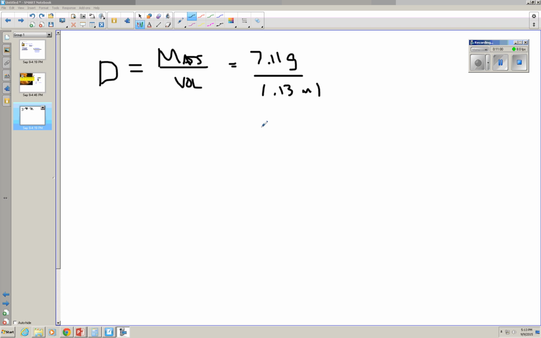I love this. You ready? 6.292035398 and a couple more, 23. And this would be units of grams per milliliter.